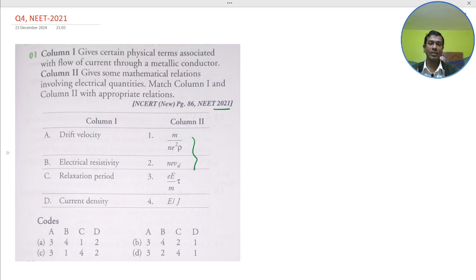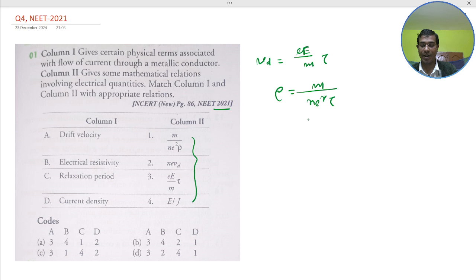All these formulas I just discussed in our chapter summary in a nutshell. So our first theory discussion is very important for your better revision for competitive exams at national level like NEET, JEE Main and Advanced. So first one is the drift velocity Vd equal to E by m into tau, tau being the relaxation time, and rho is m by n e square tau.